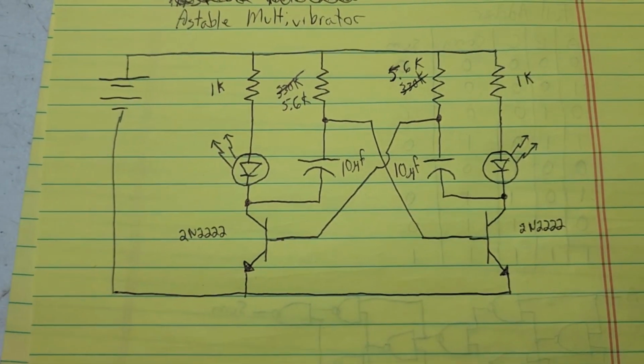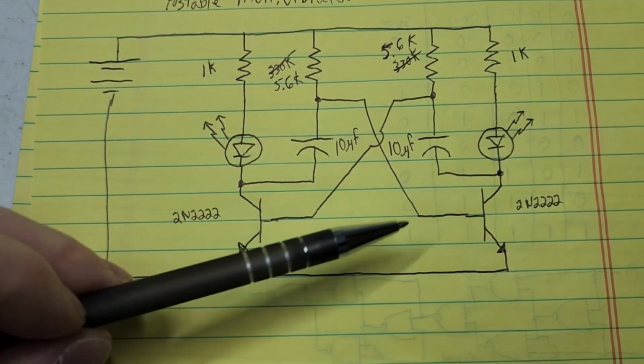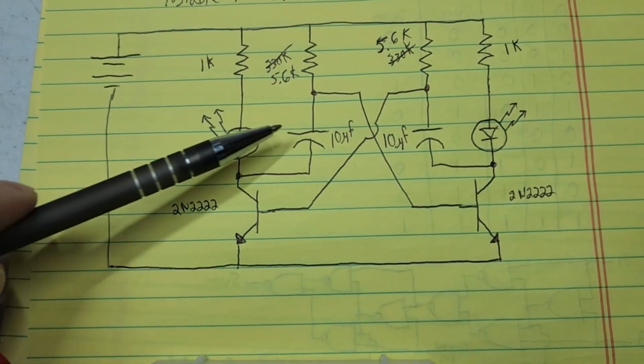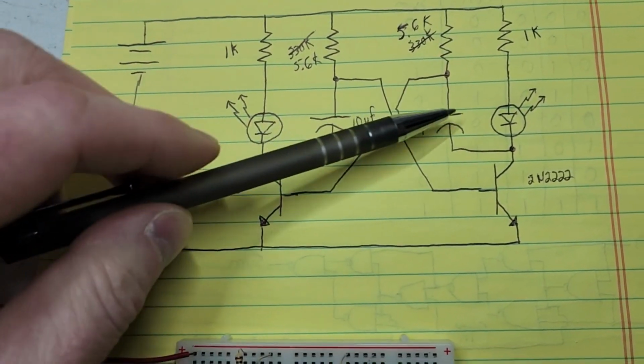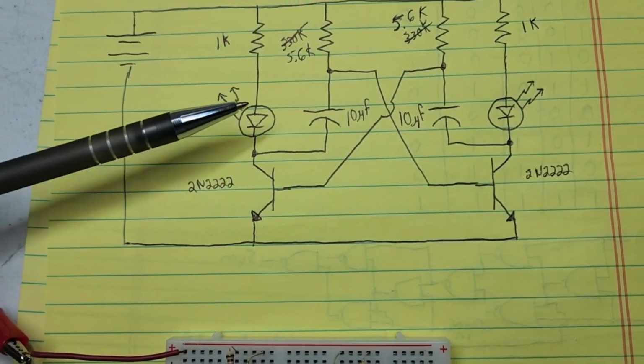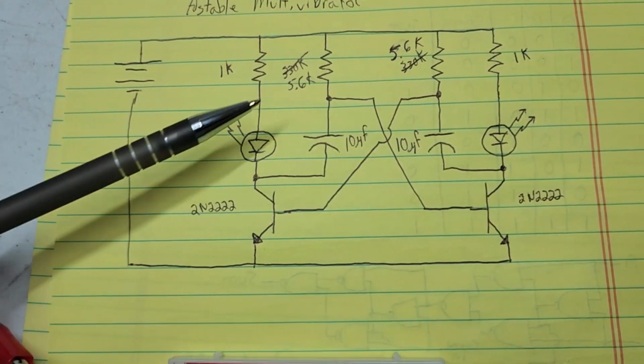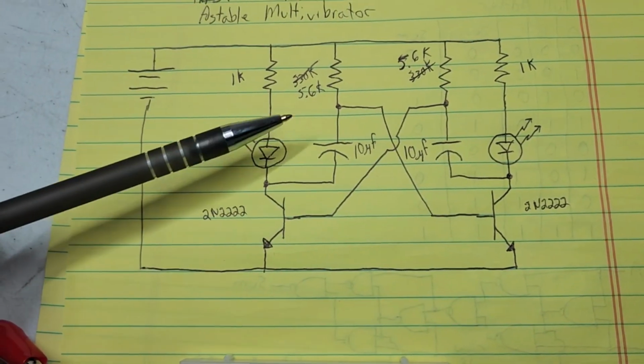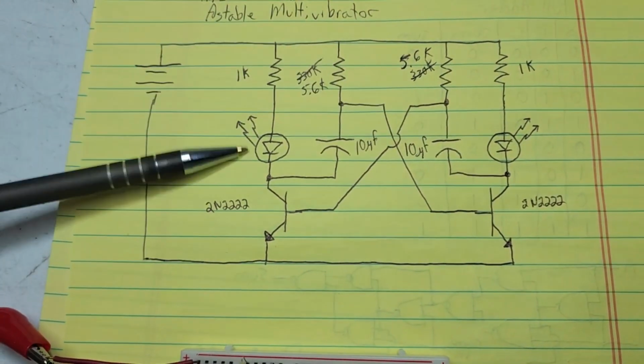It's a pretty simple little circuit. Let's go through it. We got a couple of transistors, 2 capacitors, 2 LEDs, and the LEDs are really just to show what's happening. You can see them turn off and on. And then 4 resistors.